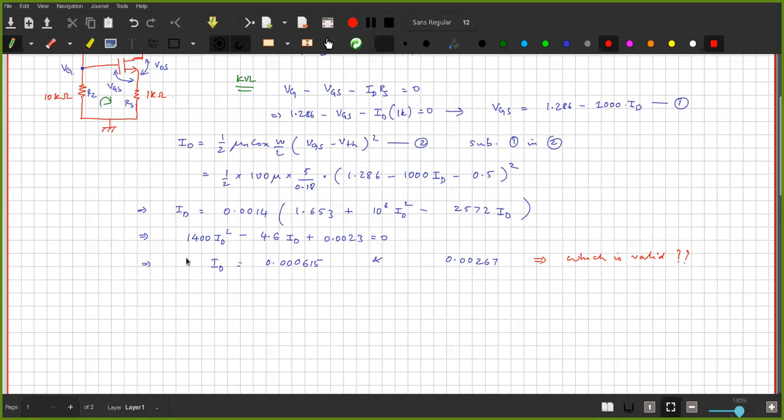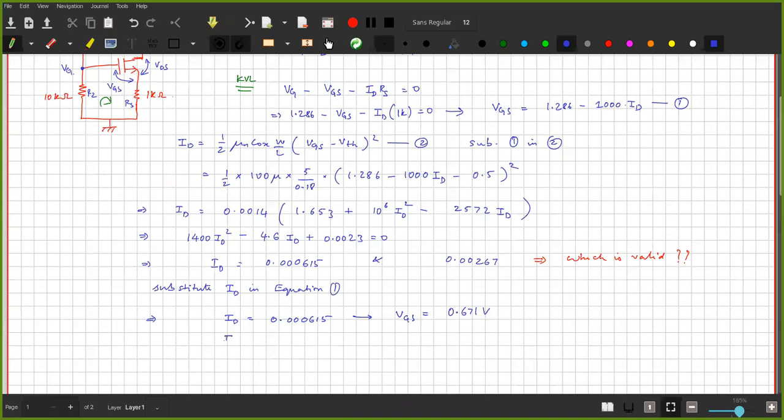You can substitute these values of ID in equation 1. For ID equals 0.000615, the corresponding VGS value is 0.671 volts.